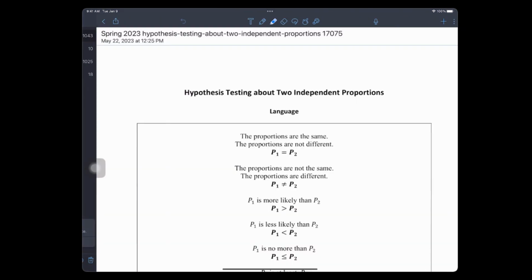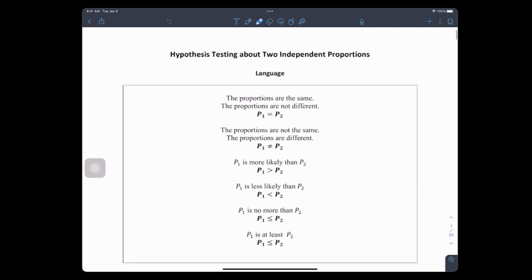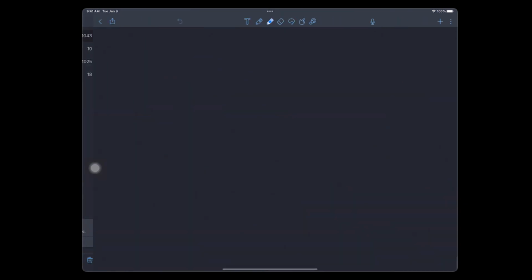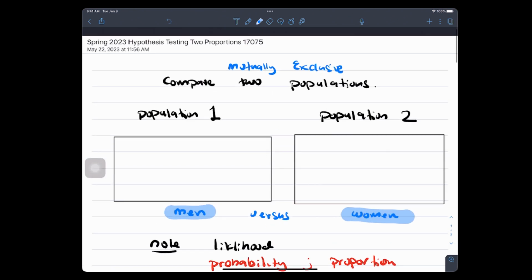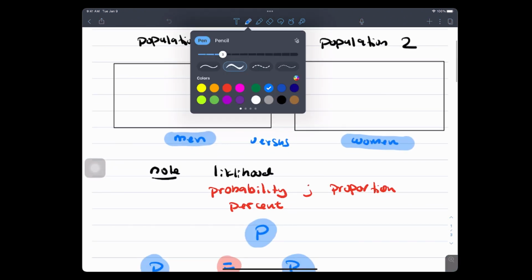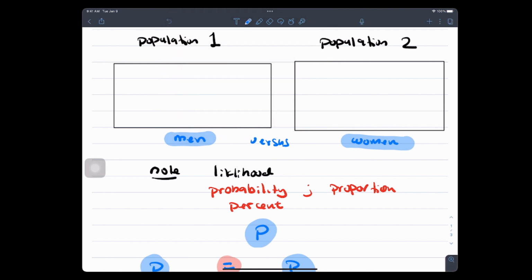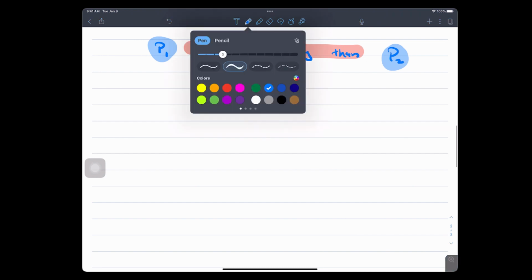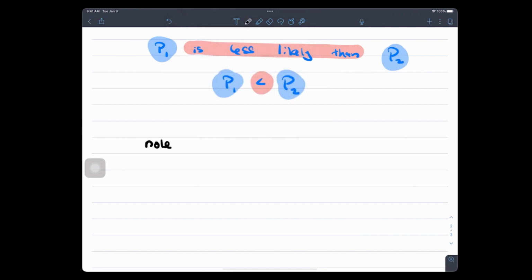So let's go to my notes. And you go, oh, Mr. Judge, they're calling those things two independent proportions? Yeah, they're mutually exclusive groups. You can talk about men versus women. You can compare boys versus girls.